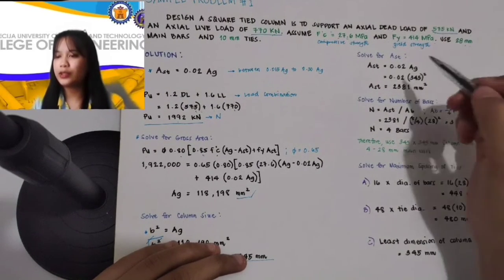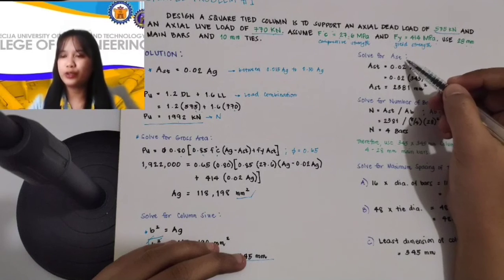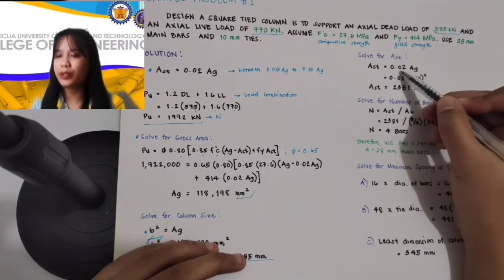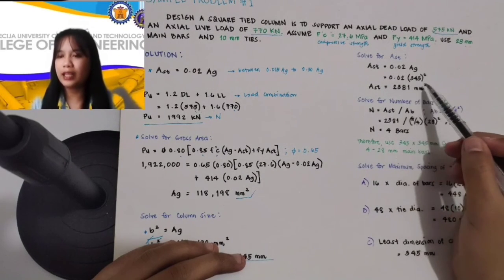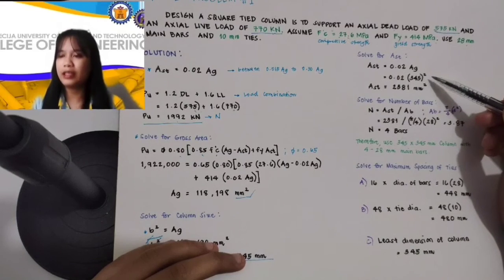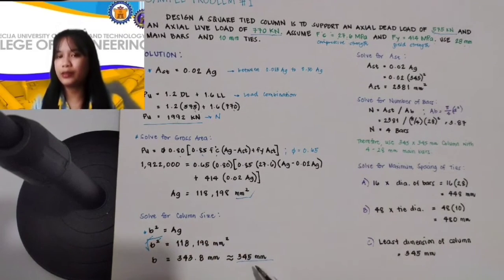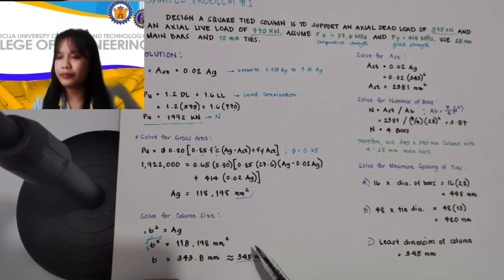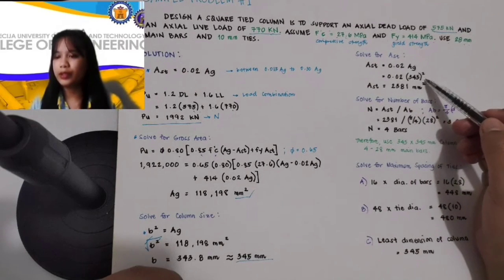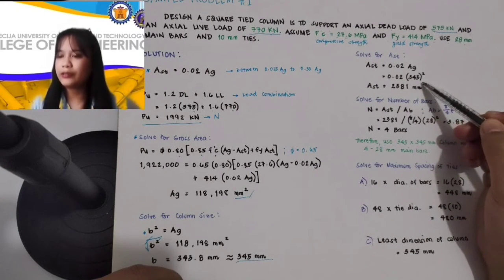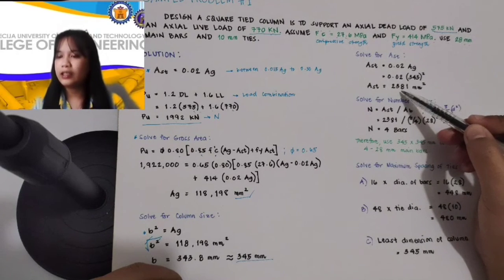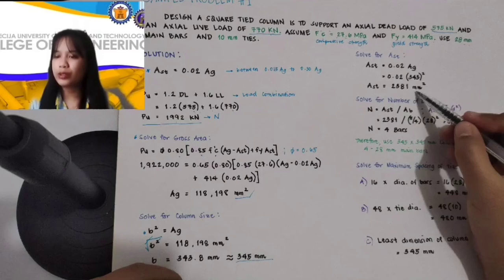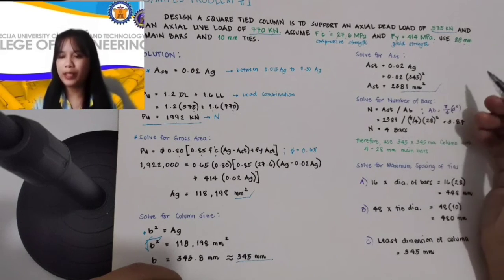Let's substitute the value we got to this formula, Ast is equal to 0.02 Ag. So we have 0.02 times 345 squared, which is the column size we got before. So we have the value of Ast is equal to 2,381 square millimeter.